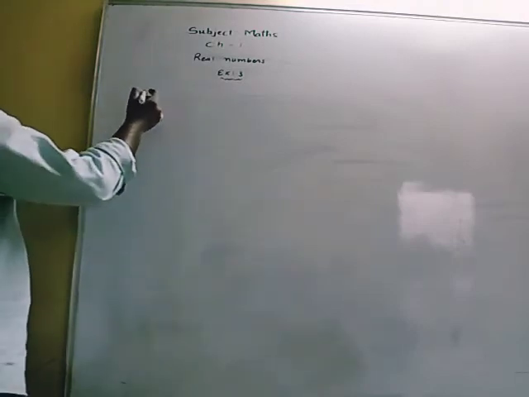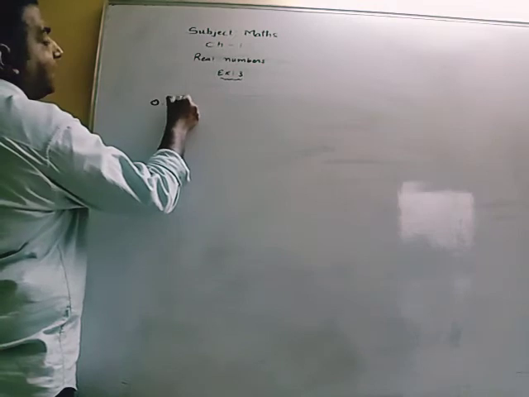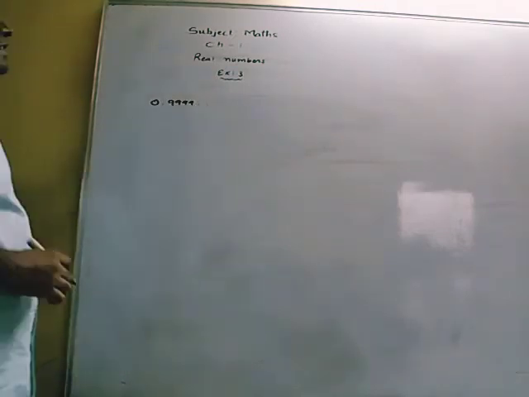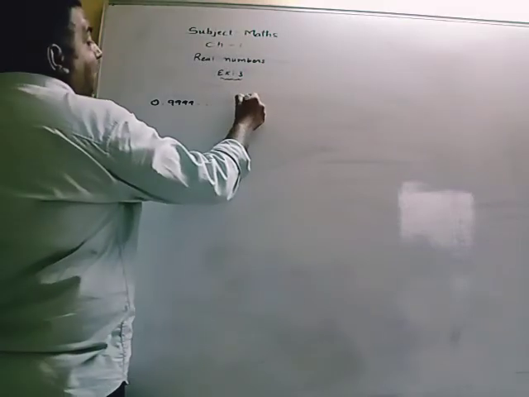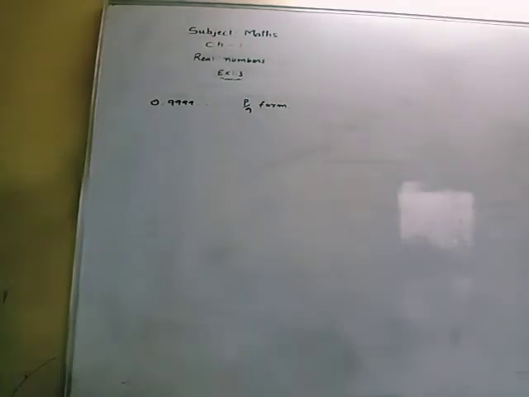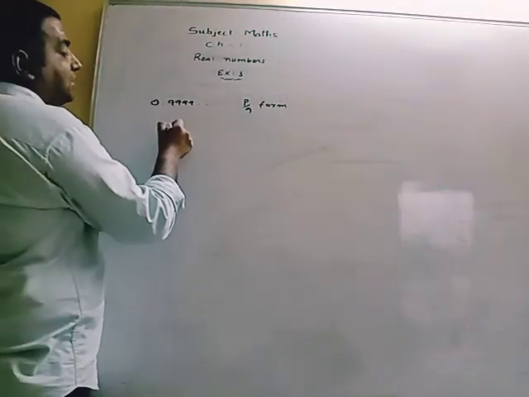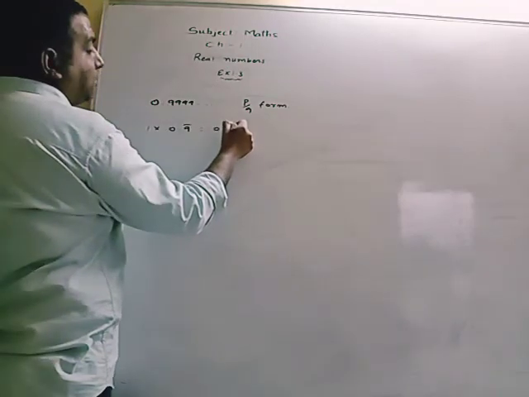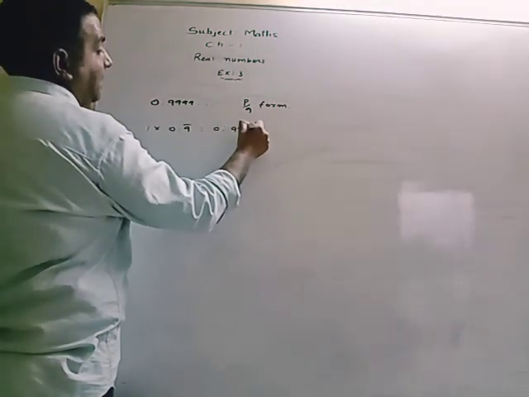Now next, question 4 is 0.99999 bar, 999 goes on. Write in p by q form and discuss its answer. So 0.999 means 0.9 bar, and so 0.99999.